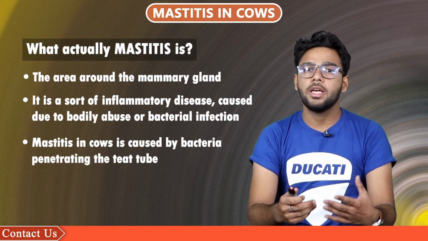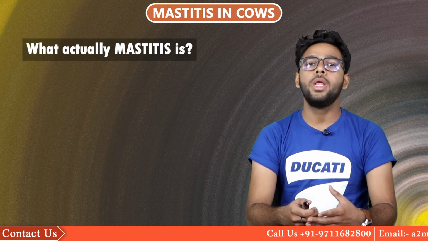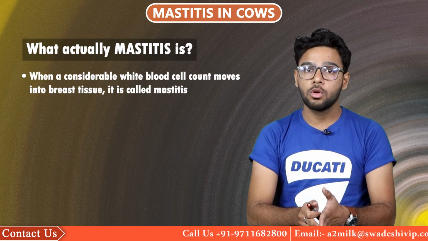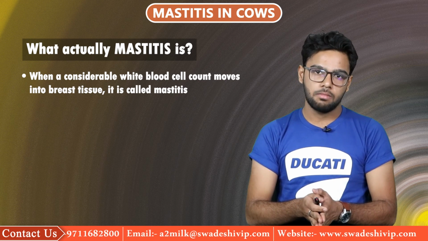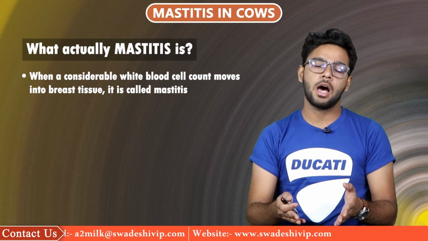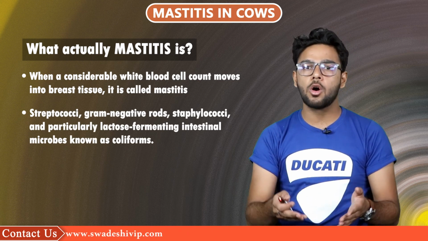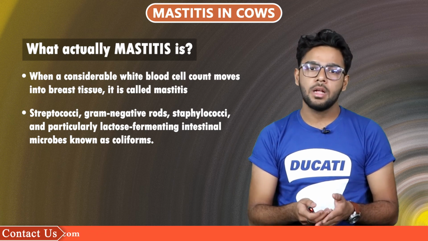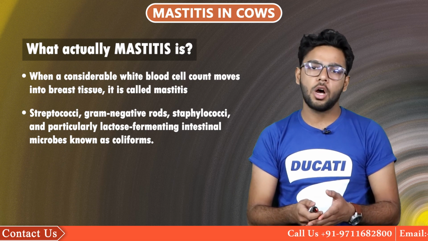Mastitis in cows is caused by bacteria penetrating the teat tube. When a considerable white blood cell count moves into breast tissues, it is called mastitis. Majorly, the illnesses are driven by streptococci, gram-negative rods, staphylococci, and particularly lactose-fermenting intestinal microbes known as coliforms.